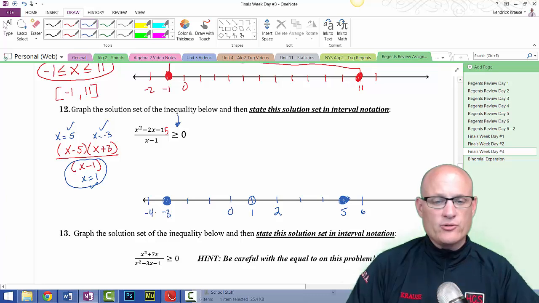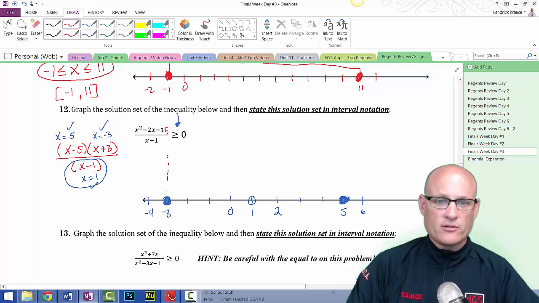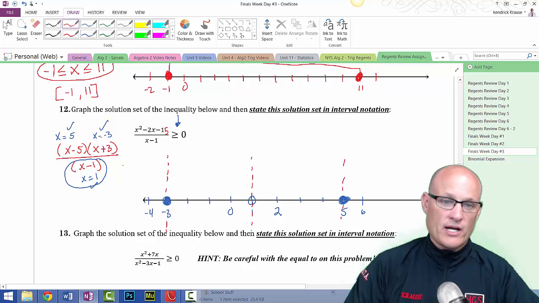So what I want to do now is show you something. I want to break this up into 4 test areas: to the left, in between, and to the right. So I'm going to test a number way out here, x equals negative 10.